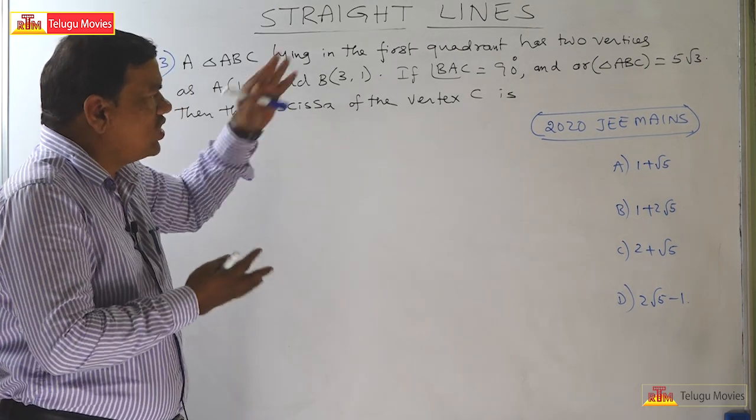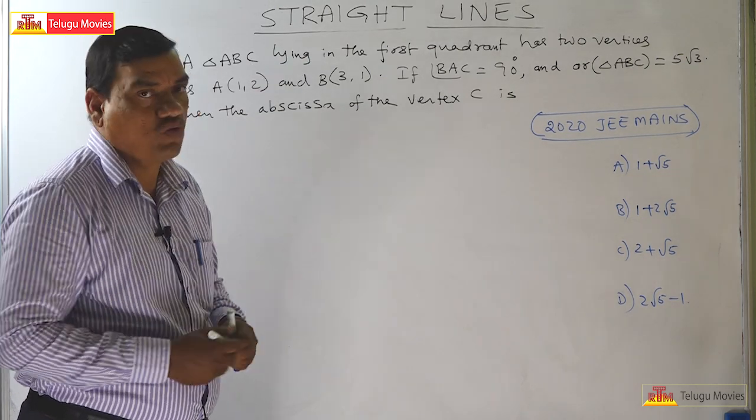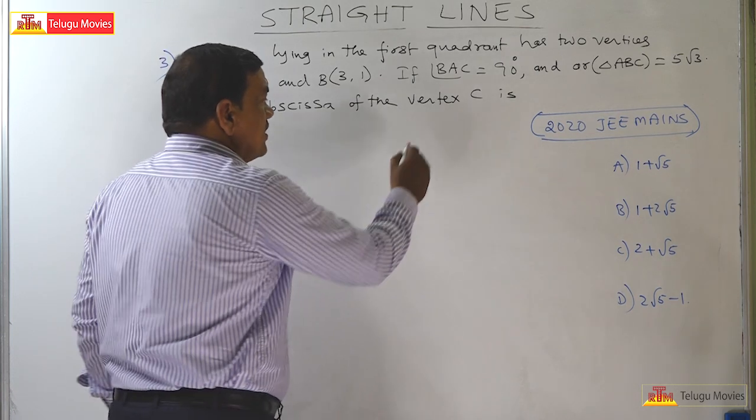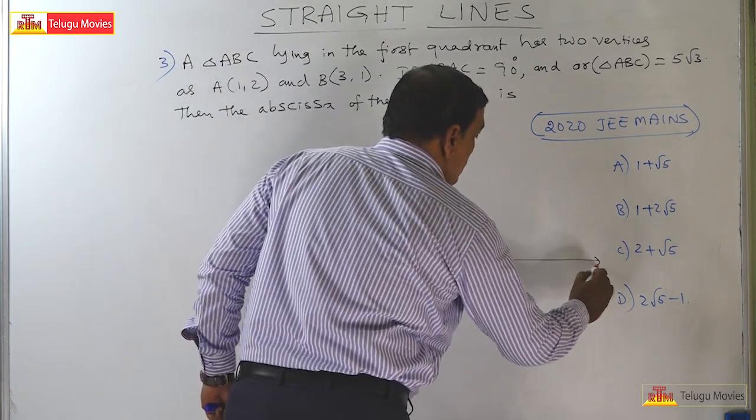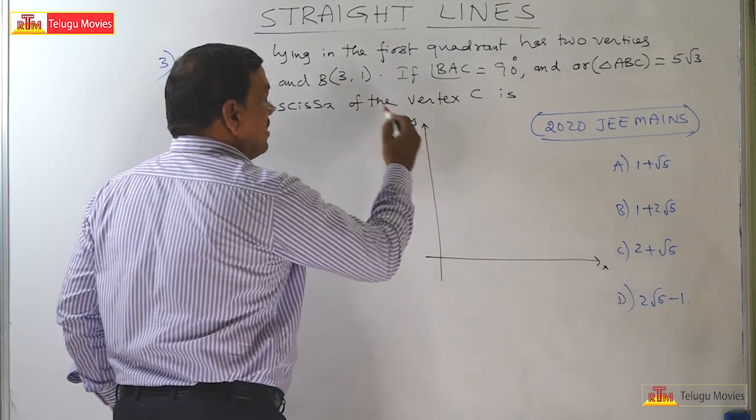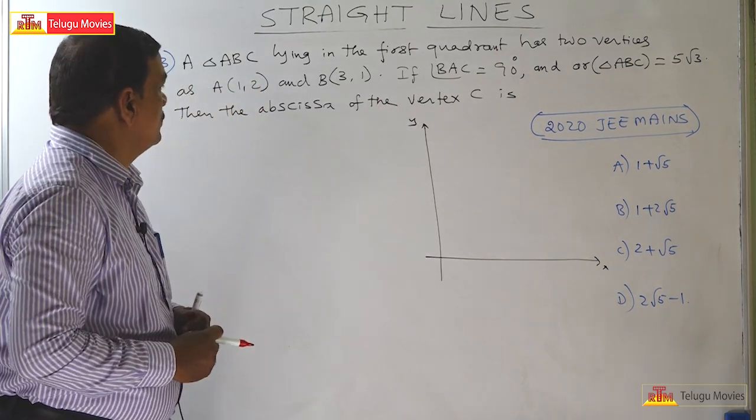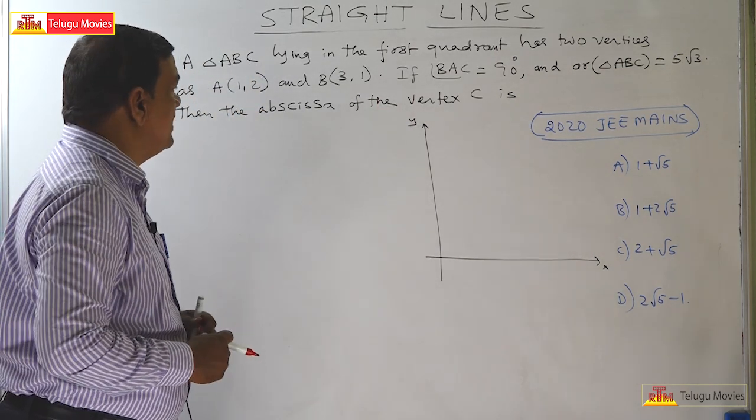The total triangle is in the first quadrant. Let us draw a diagram for this. This is the x-axis and this is the y-axis. A is (1, 2), B is (3, 1).